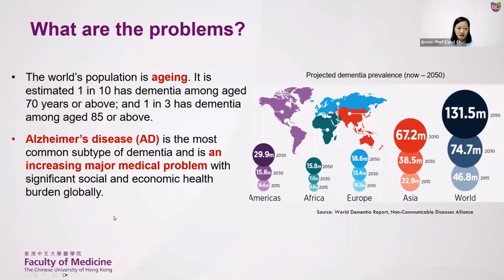The world population is aging. It is estimated 1 in 10 has dementia among age 70 years or above, and 1 in 3 has dementia among age 85 or above. Alzheimer's disease, AD, is the most common subtype of dementia and is an increasingly major medical problem with significant social and economic health burden globally.